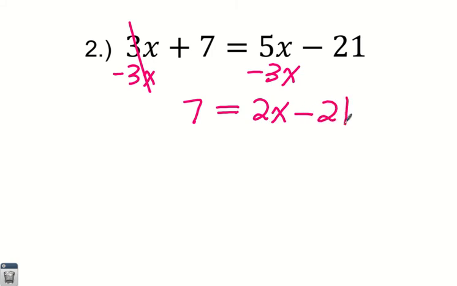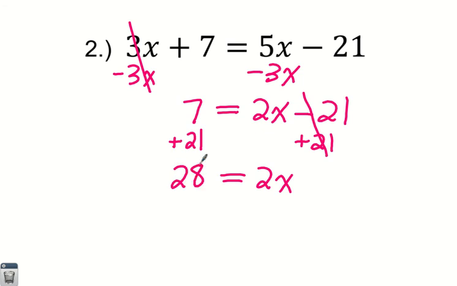And then you go from here. And so you would add 21 to both sides to get rid of that. And so you just have 2x. 7 plus 21 is 28. And then you would be dividing both sides by 2. And you still, of course, get an answer of essentially x equals 14, or 14 equals x.